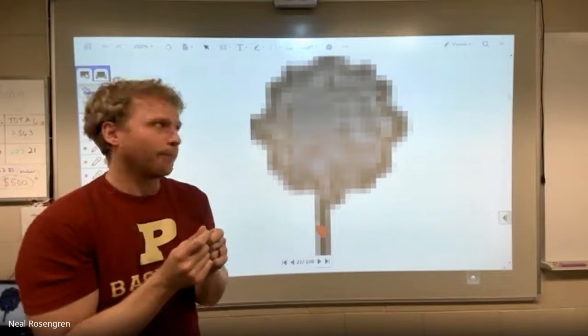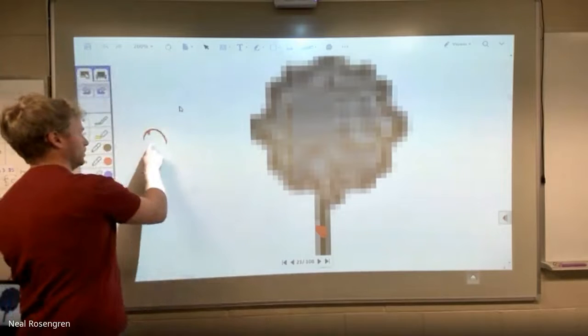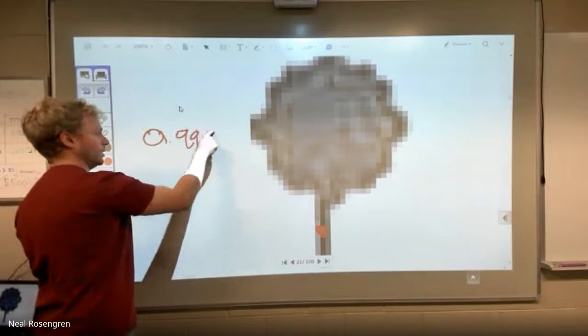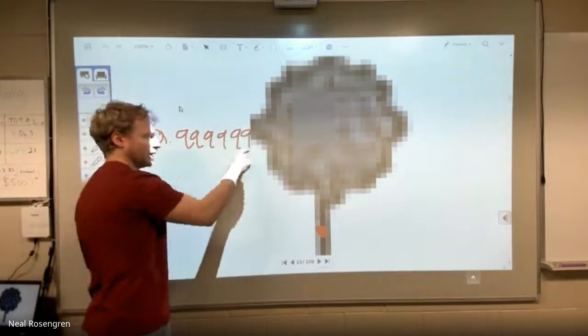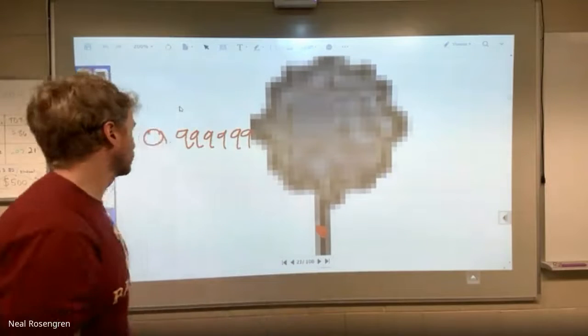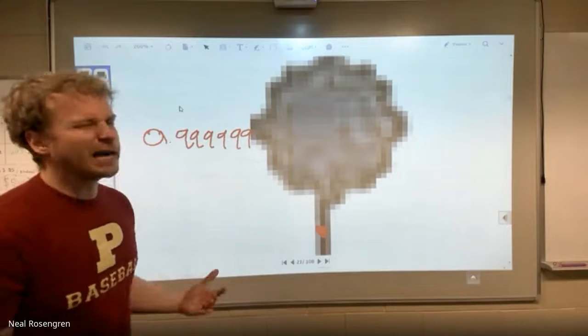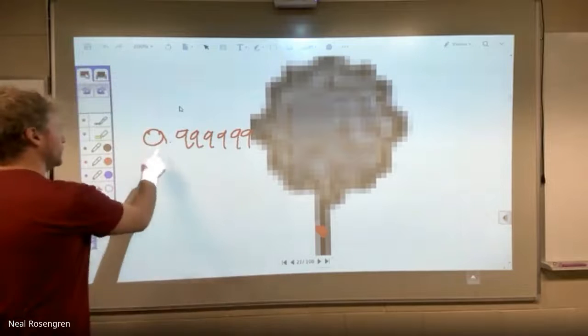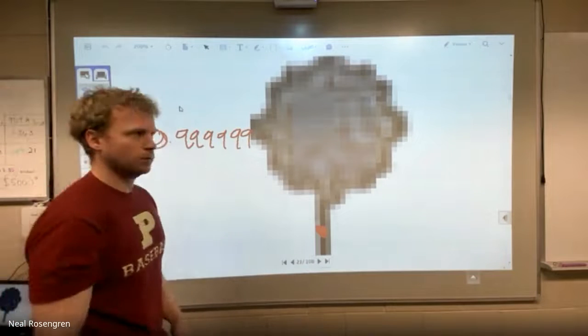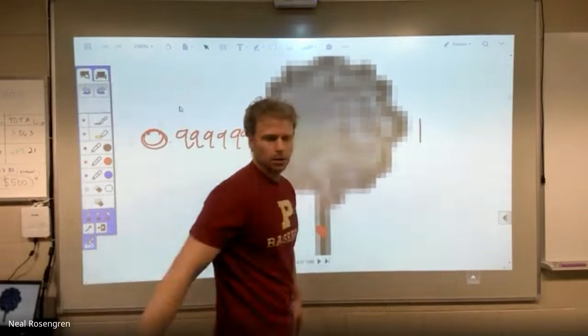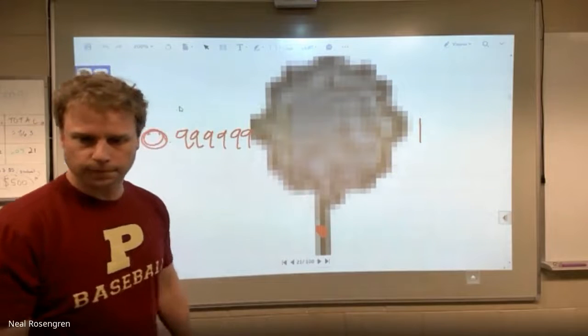But if I'm at point 0.999, however many nines I feel like saying, are there any points between this x value and 1? Are there points between those two numbers?